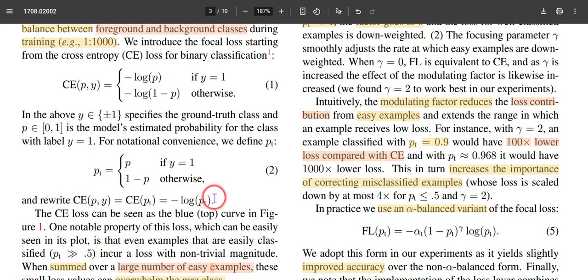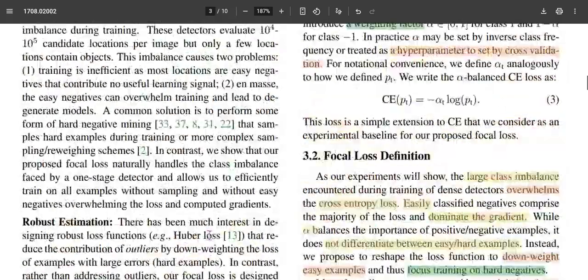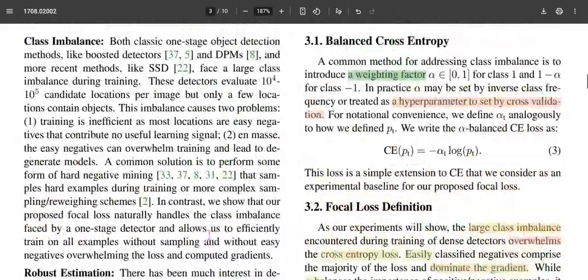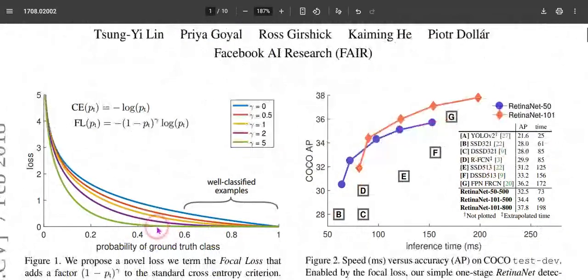If we go to figure 1, this is the unmodified version of the cross entropy loss, the blue one, where you see that a significant portion of the well classified examples gives a non-zero loss.